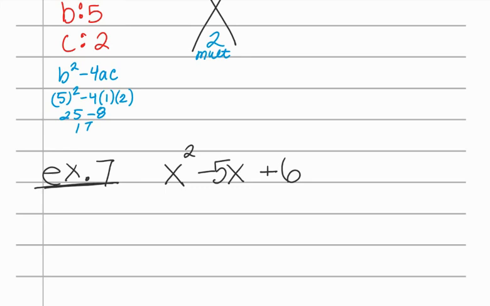So x squared minus 5x plus 6. Okay, nothing to factor out from the start, so let's identify our a, the b, and the c. Let's get our puzzle here.